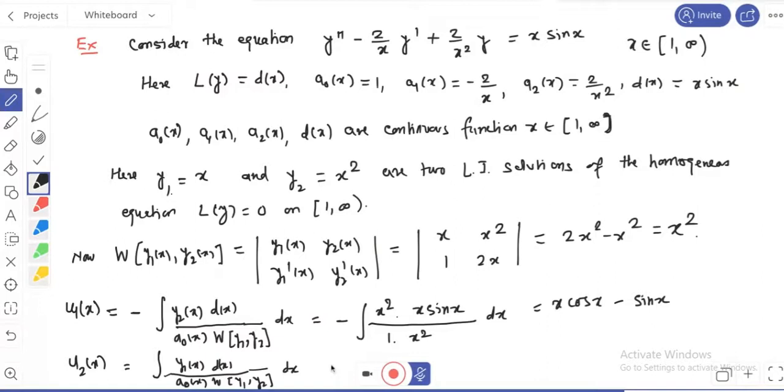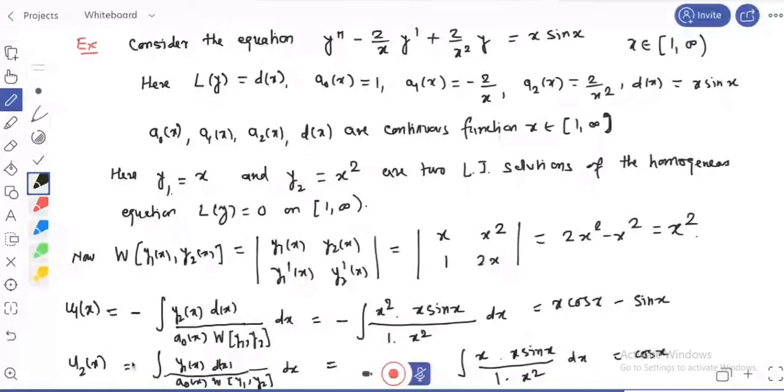So this equals the integral where y1 is x, and the d(x) term is x sin x over 1 times x square, dx. Simply the x square cancels out, and the integral of sin x is minus cos x. So you can find easily what is u1 and what is u2.